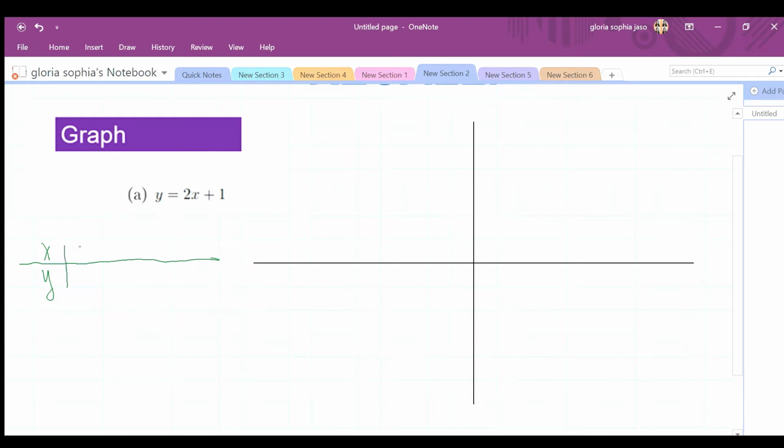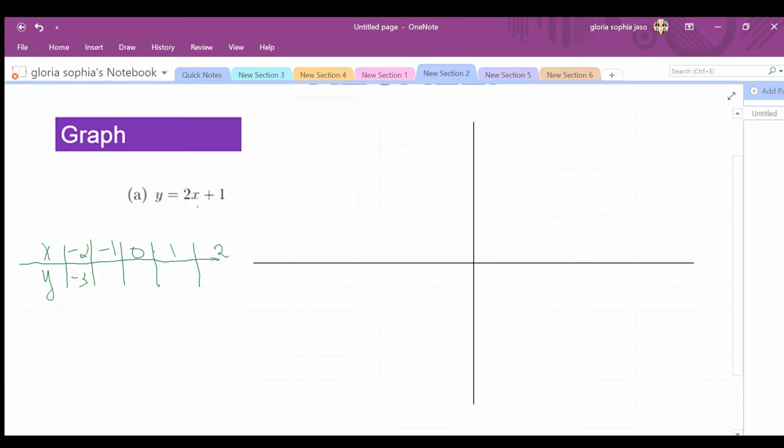So, for x, usually, class, we start at 0, then negative 1, negative 2, then 1, then 2. So, first, let's evaluate negative 2. If x is negative 2, then 2 times negative 2 plus 1. So, negative 4 plus 1, that's negative 3.